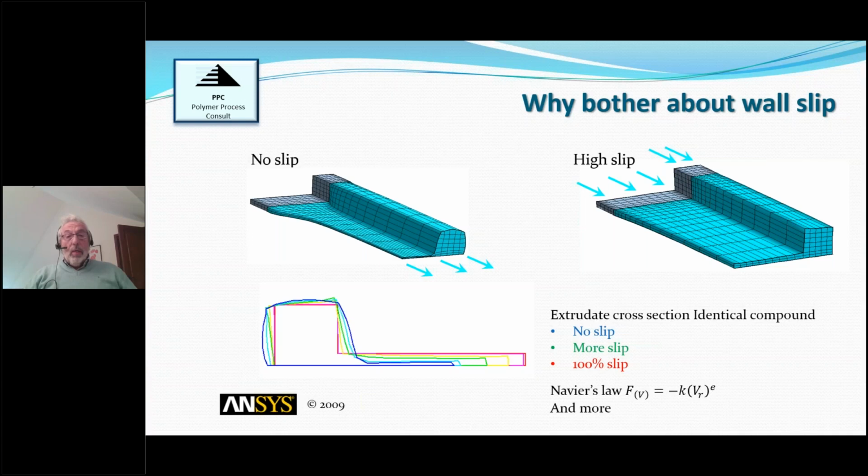In the bottom graph we can see that, depending on the quantity of slip, we have a very, very large difference in shape. This slip coefficient is, amongst others, based on Navier's law, which relates the tangential force to the slip velocity as a power law of the slip velocity.